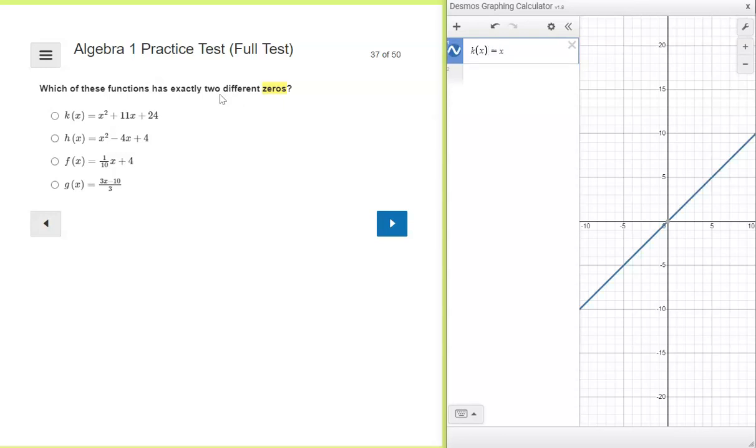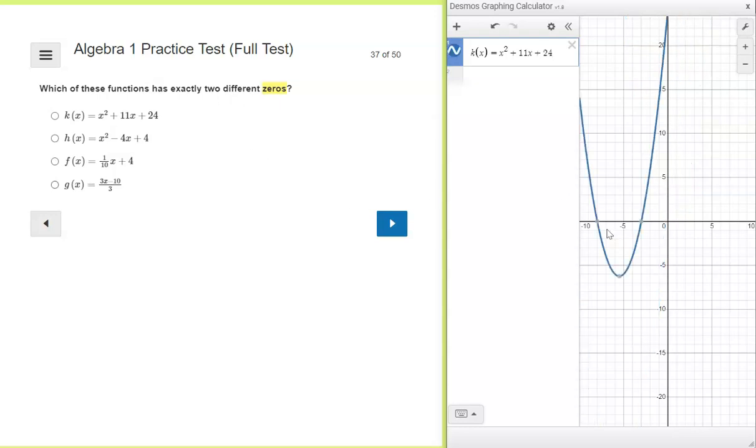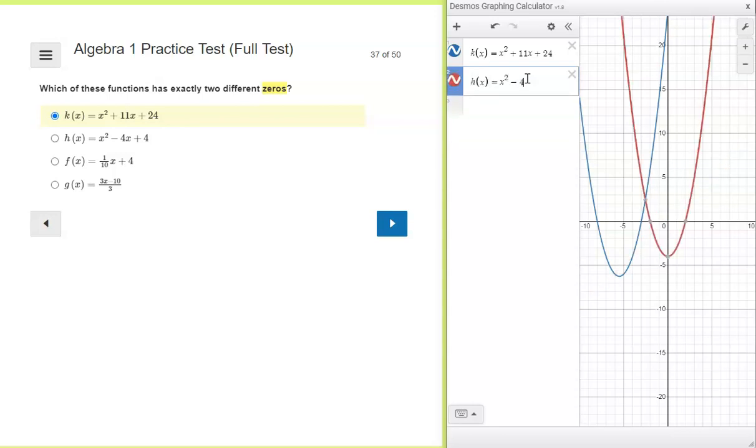Okay, so we're just going to graph them all in. Well, okay, that one works. This one has exactly two x-intercepts, but this is a very easy question to do because of Desmos. So I'm going to check all of them just to make sure.